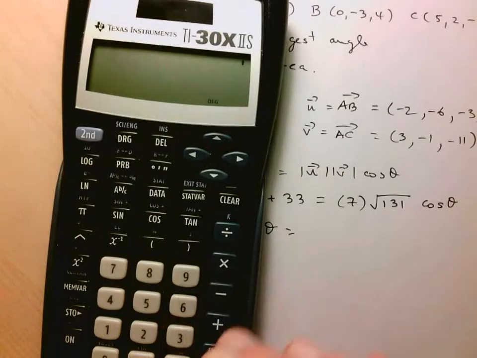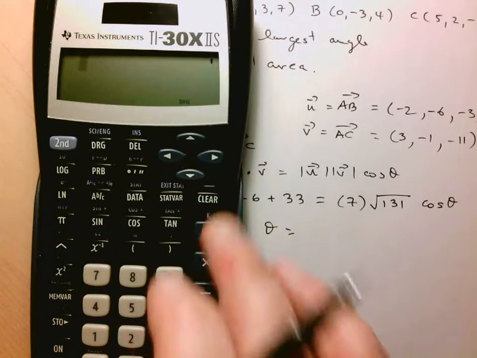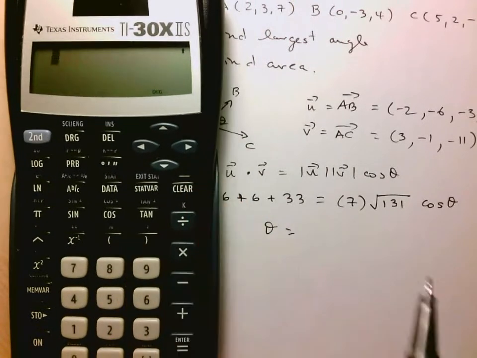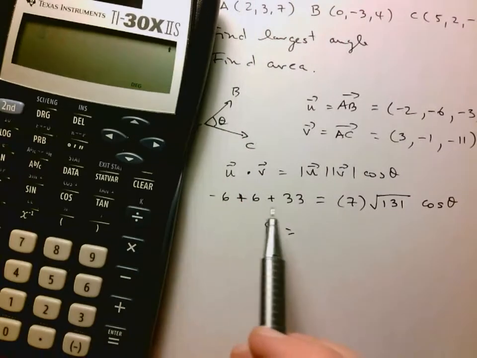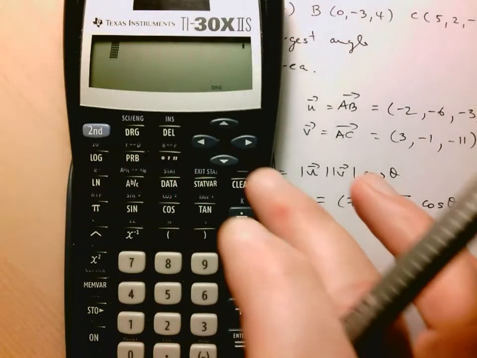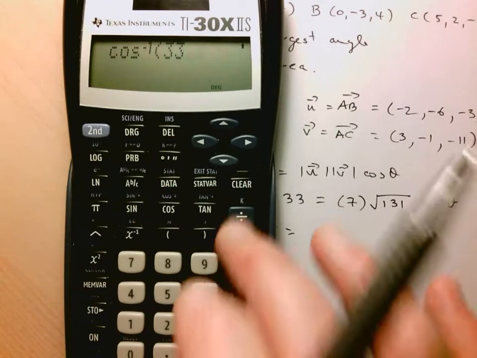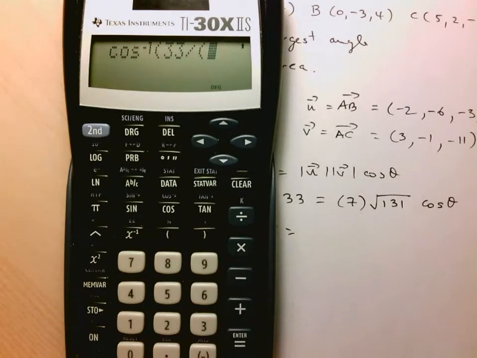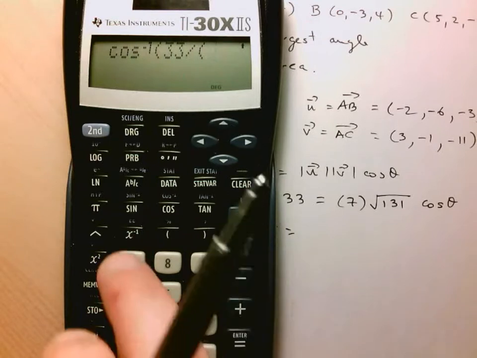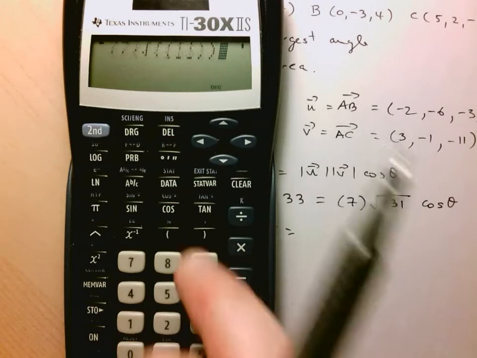Let's do that. This ends up being negative 6 plus 6, 0, so 33. So here we've got cos inverse of 33 divided by, don't forget to put your brackets on that multiplication, 7 times square root of 131.